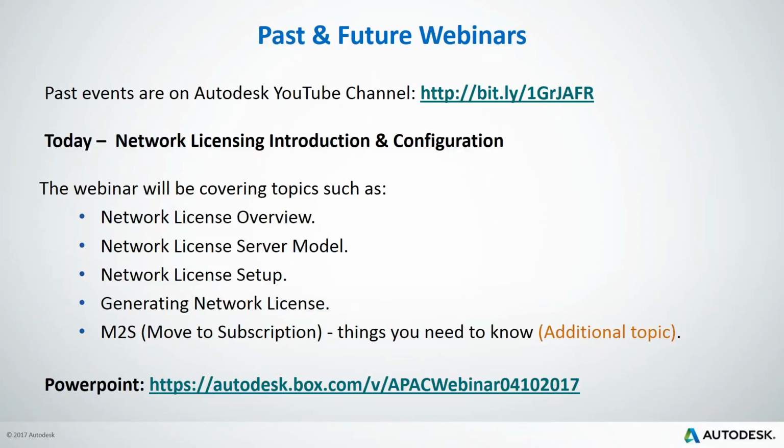We'll tell you how you can generate your network license. Lastly, as I've mentioned before, my colleague Jeffrey will explain a little on the move to subscription scheme that we have recently. So you can stay until the end of this presentation, and we'll get him to explain the things you need to know for M2S.